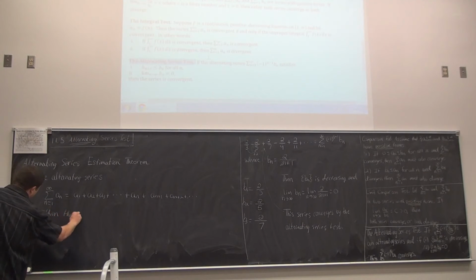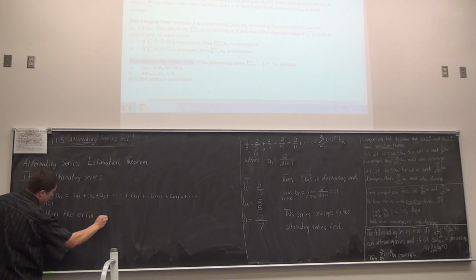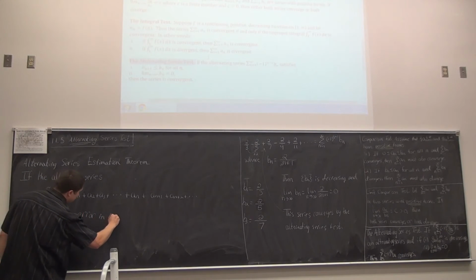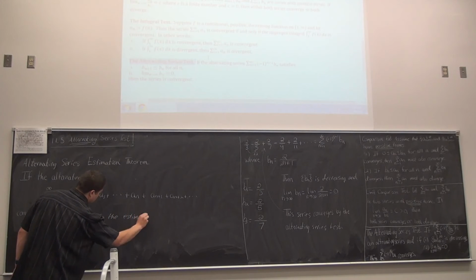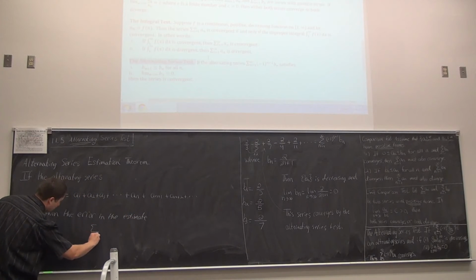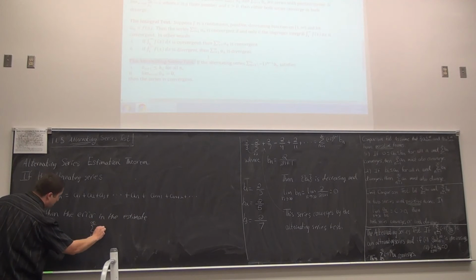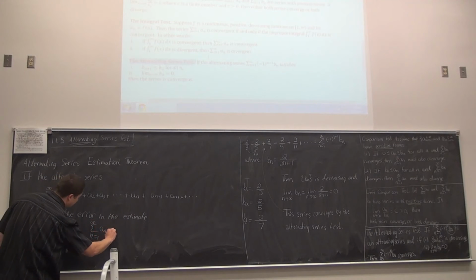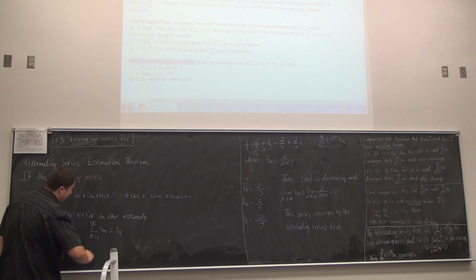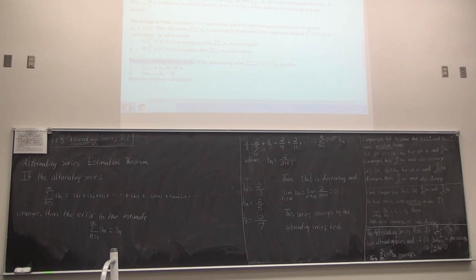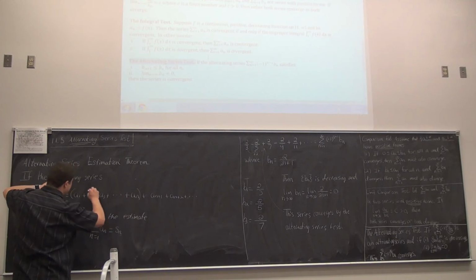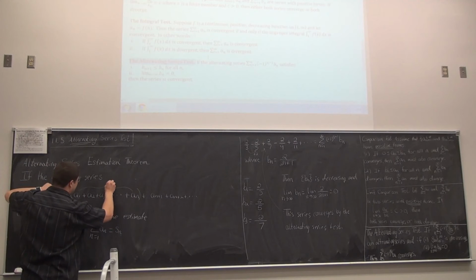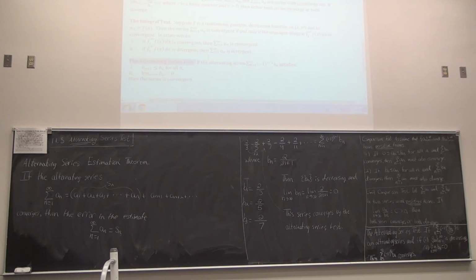then the error in the estimate, that estimate is, we can estimate any series as n goes from 1 to infinity of a sub n using Sn, which just refers to the nth partial sum. So if I want to know the total value of an infinite series, the most brilliant estimation is just stop with finitely many terms, and that's what Sn refers to.